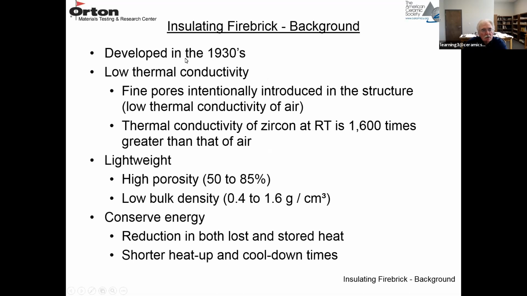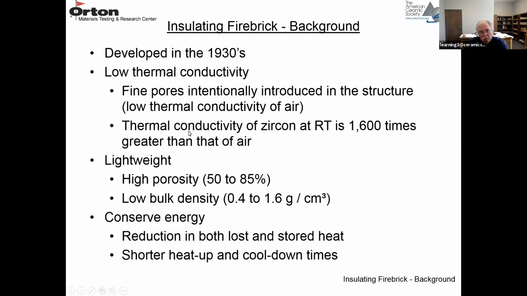So the insulating fire bricks were developed in the 1930s for low thermal conductivity. So to get low thermal conductivity, fine pores were introduced into the structure. The conductivity of air is very low, especially when compared to a refractory material.